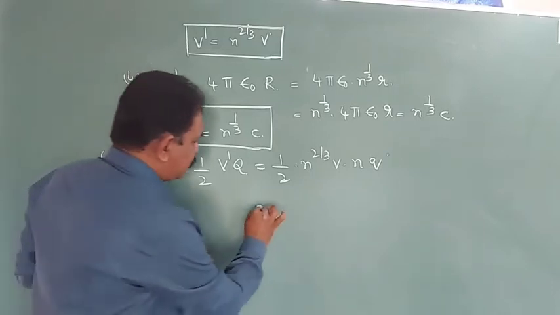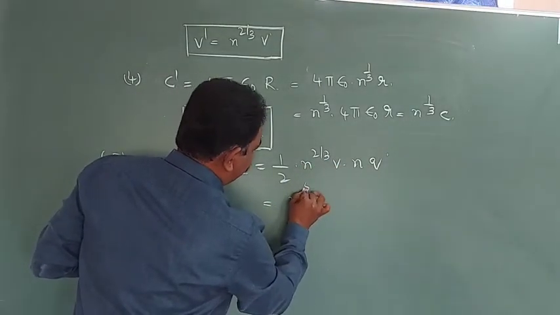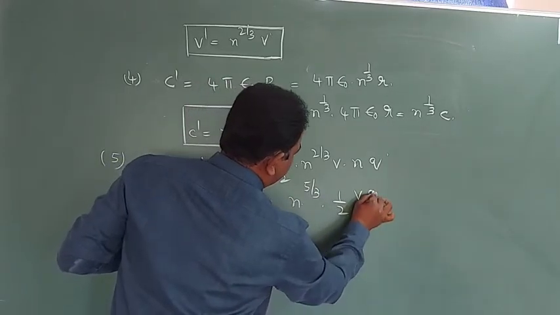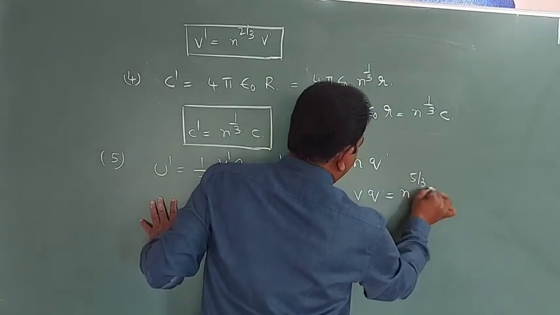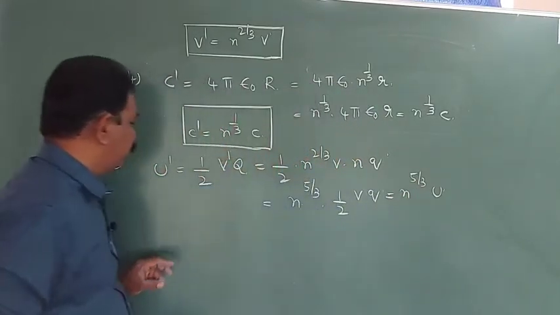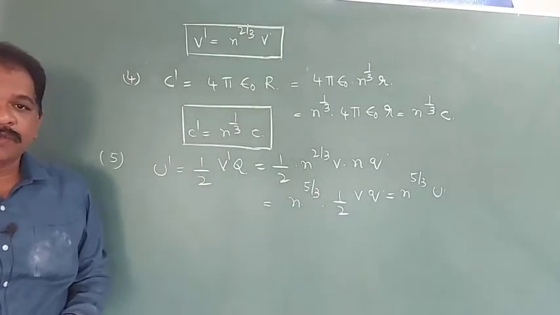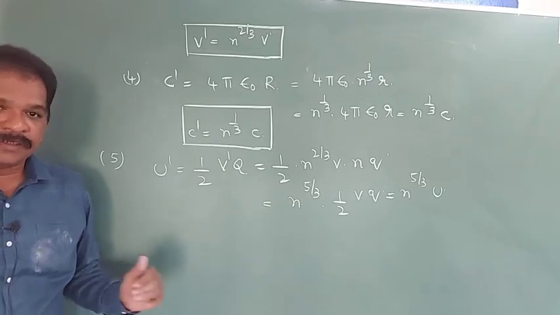So this is n power 2 by 3 into n power 1, which means n power 5 by 3, into 1 by 2 Vq, which is n power 5 by 3 into U. U dash is equal to n power 5 by 3 into U. That is about the energy.